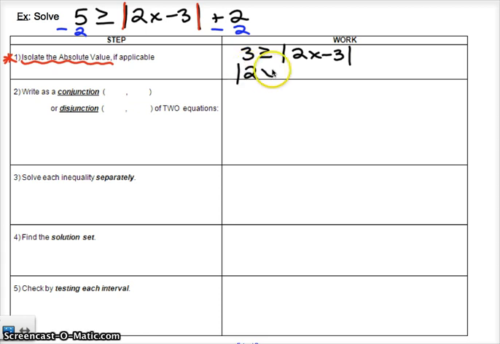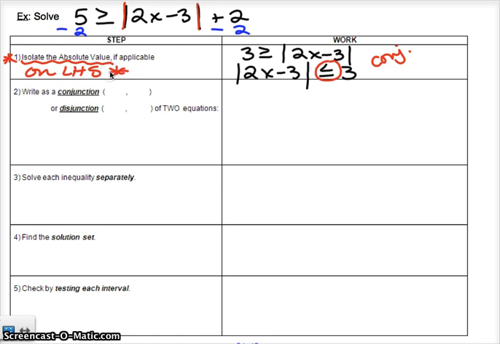So we're going to rewrite it so that the variable is first, so that we can now check out this symbol, not the original symbol, the less than or equal to sign, and recognize that this is a conjunction.